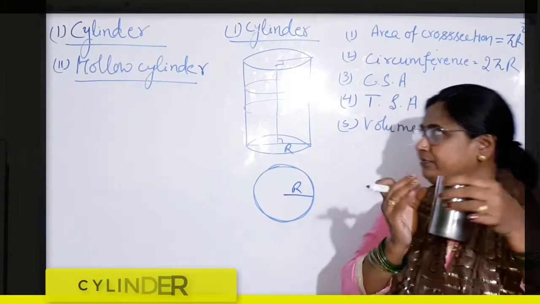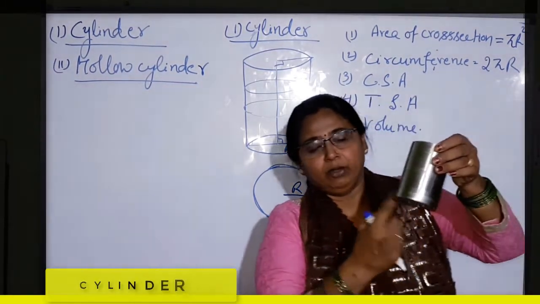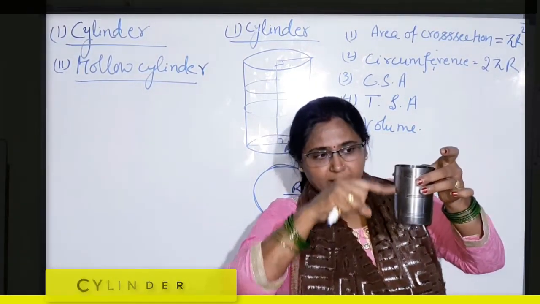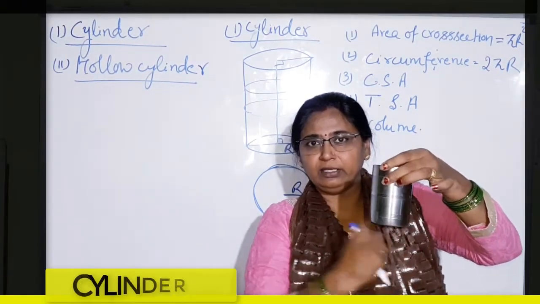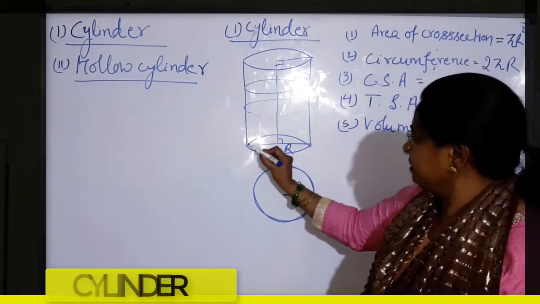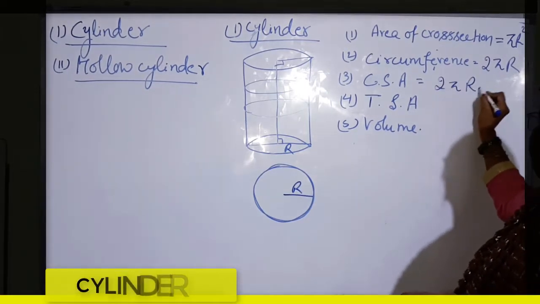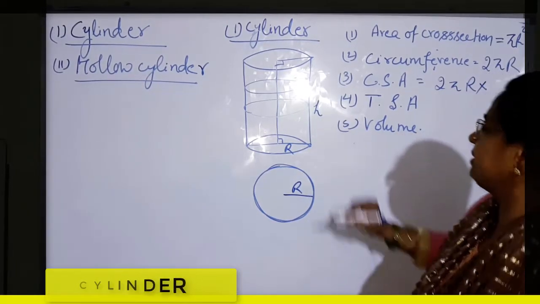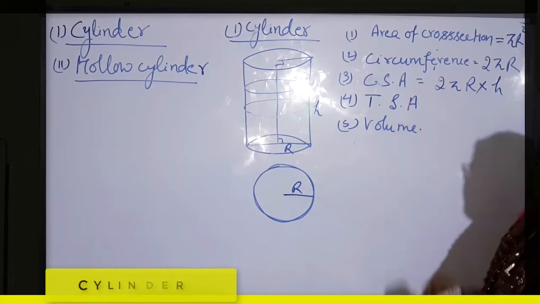If we multiply the circumference by the height, we get the whole area. So curved surface area is 2 pi r into h, where h is the height of the cylinder: 2 pi r h.